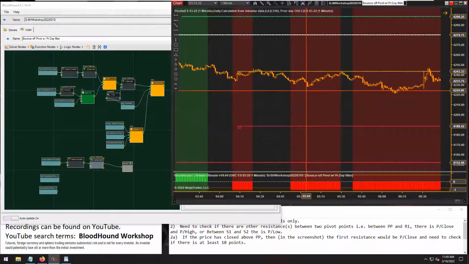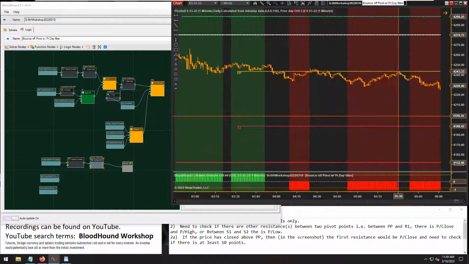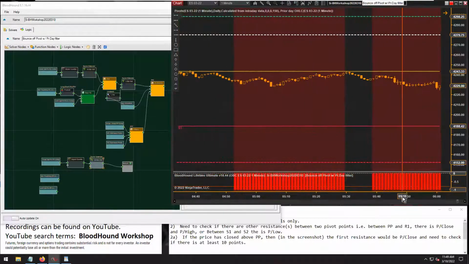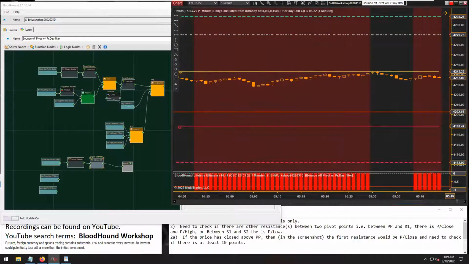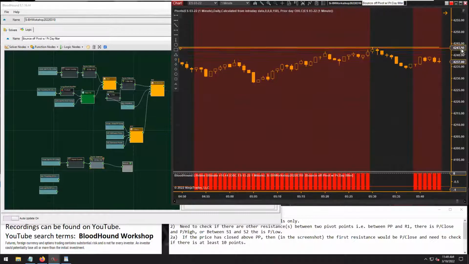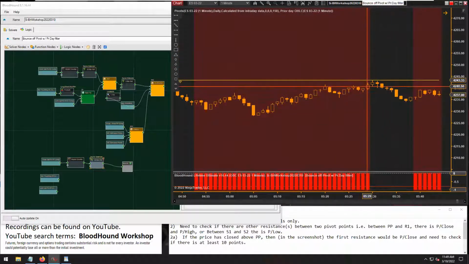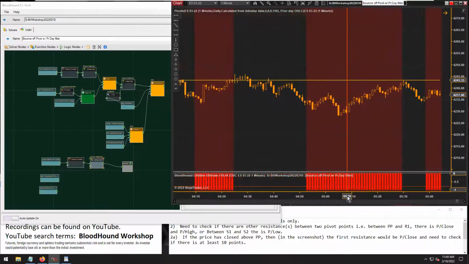All right, so there we go. So we have our separation being extended out to... looks like we didn't quite get there for that actual touch, but maybe this bar got close enough to be considered a touch. We'll find out here in just a moment.